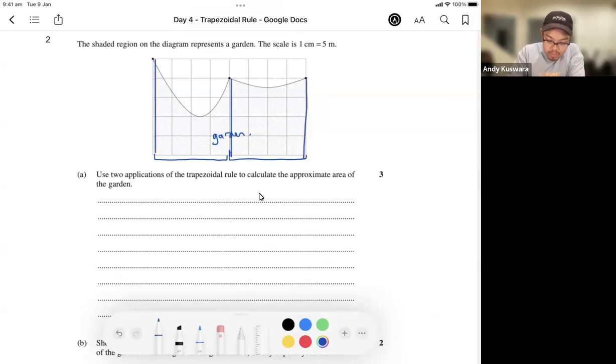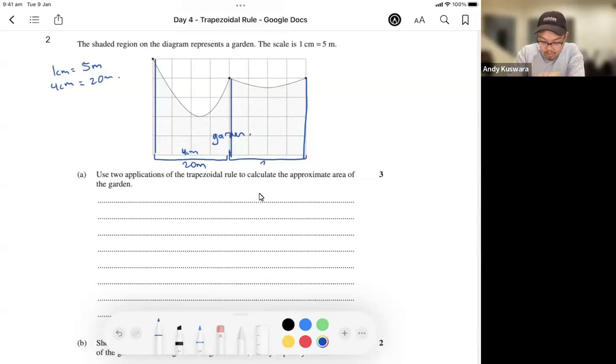Okay, now for this one here, my height here would be, it's 4 centimeters, but that 4 centimeters really represents 20 meters. Because remember, if 1 centimeter equals to 5 meters, that means 4 centimeters equals to 20 meters.